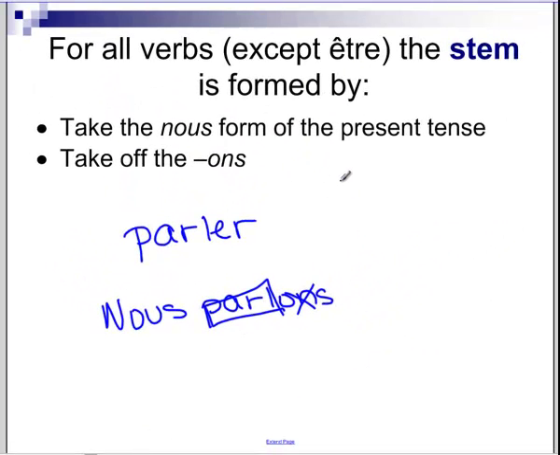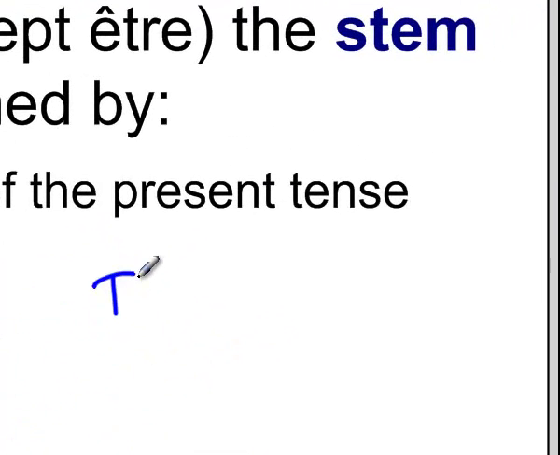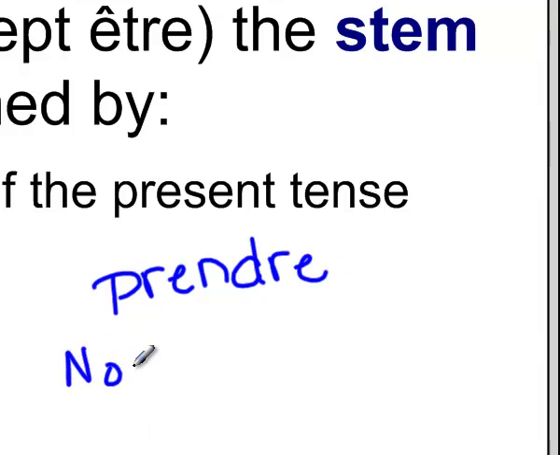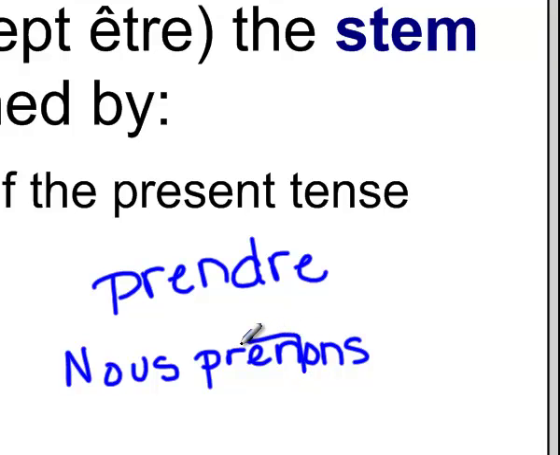So, for example, the verb prendre. To form the imperfect stem, we have to know what the nous form of prendre is in the present tense, which is nous prenons. So we take the present tense nous form minus the ONS, and that is our imperfect stem.